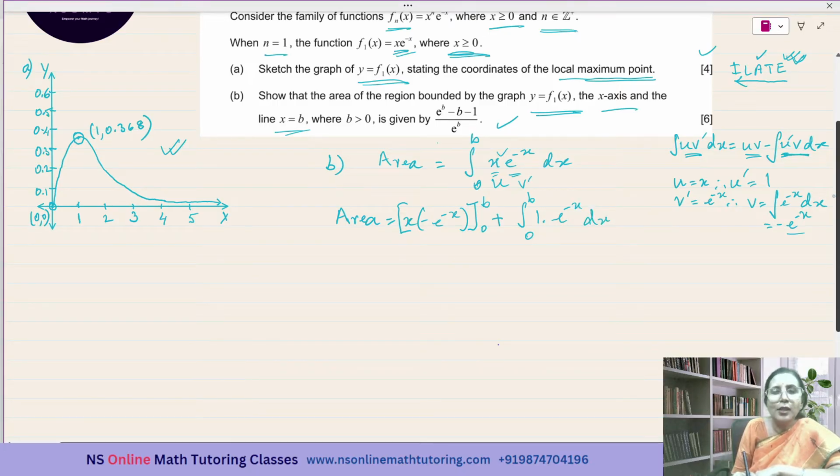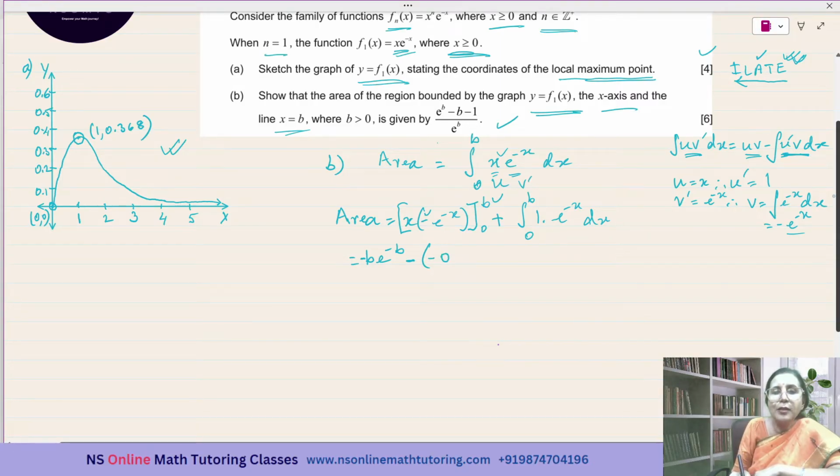Okay, so I am substituting b. In place of x, I will be substituting b. I am writing the minus sign first, and then b and e to the power of negative b. Okay, and then minus, it is 0. Now I'll be substituting 0 for x.